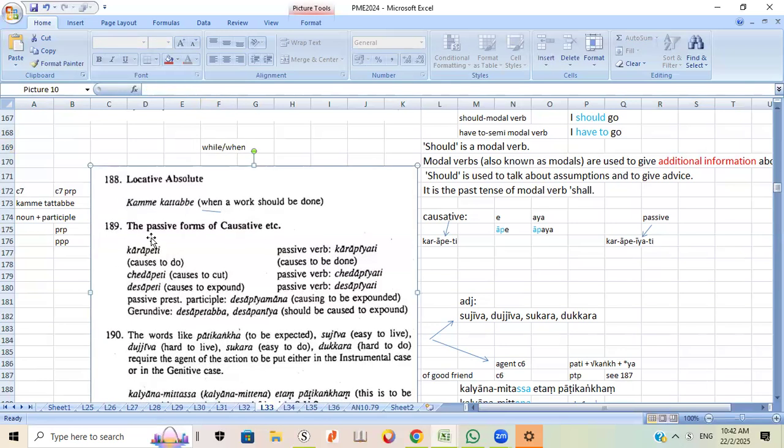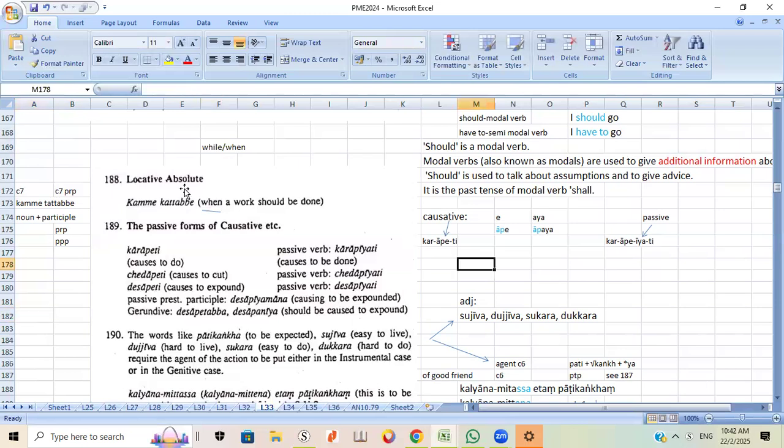So the word here, if you look at here, this is locative. Can you see? Should be done. The comma here, the case locative changes, that means it takes the form of subject already. Remember, it takes the form of subject.